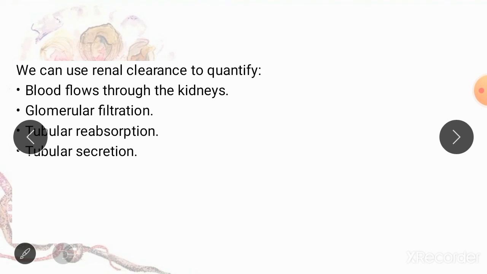So the clearance of many substances can be used to study different parameters of the kidney. You can study the blood flow through the kidney, you can study the glomerular filtration, you can study tubular absorptions and tubular secretions of different substances with the help of the clearance method.